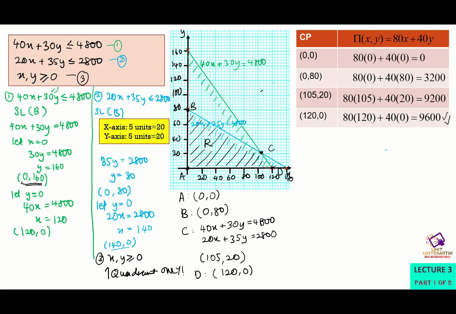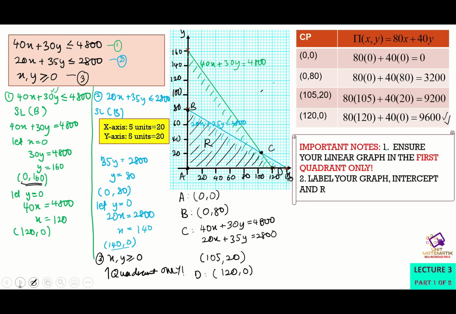9,600. Okay, so student, the important notes that you need to know is, first one, you need to ensure your linear graph in the first quadrant only, and then you should label your graph, your x-intercept, your y-intercept, and then you should label the shaded region as R. Make sure that your linear graph just in the first quadrant only, cannot pass through the y-intercept or x-intercept.